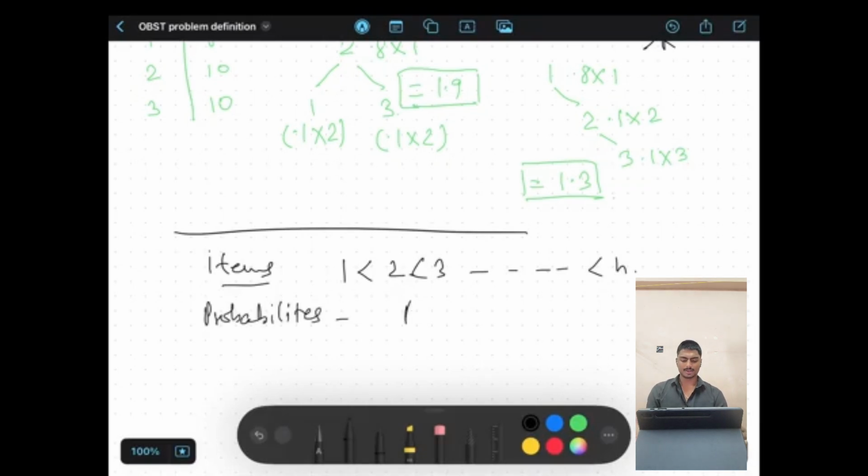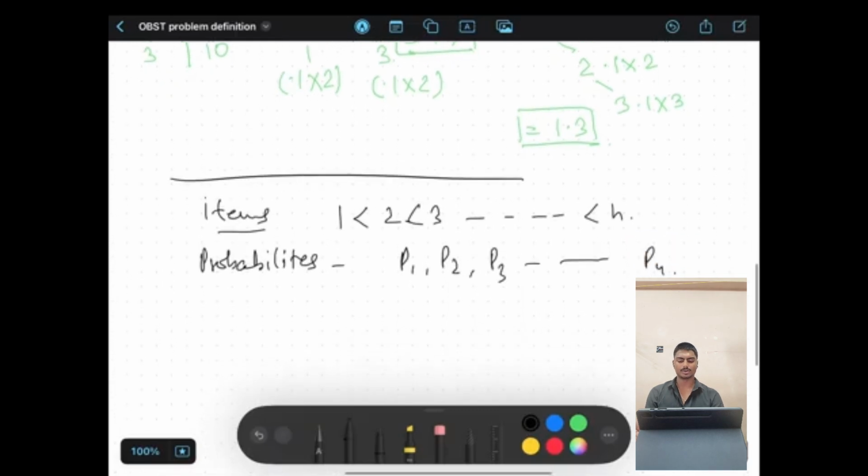And then we need to find a tree which is most optimal. That means we need to find what is going to be the root of this binary search tree out of these items, and then we keep on going, finding the subtrees and adding on the nodes, so we can create the optimal tree.